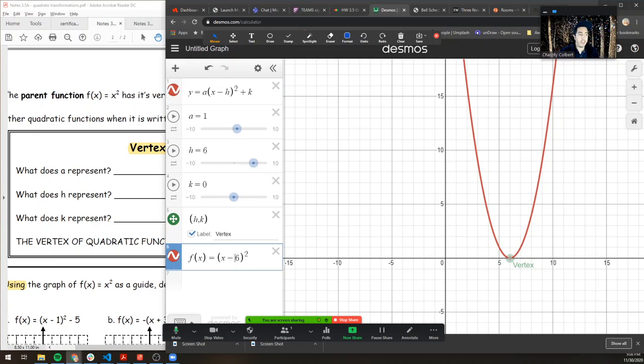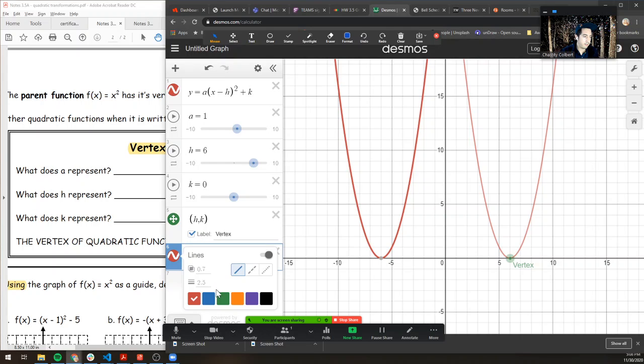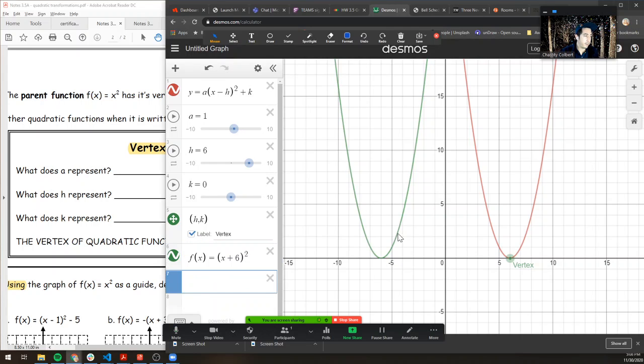If I made this x plus 6, and I'll change the color so it doesn't get confusing, make it green. This green one here is actually over here on the left. It's in the negative area, even though it's x plus 6. It went 6 to the left. That's again because of the minus there. The h value here is actually negative 6.